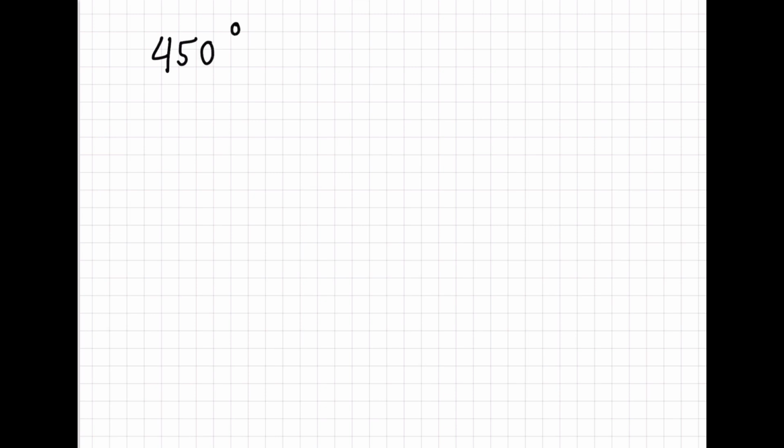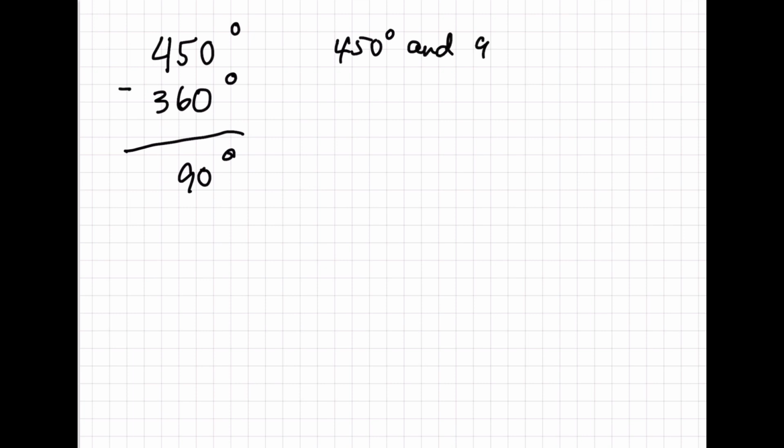First, you have to identify how many 360 degrees are within 450. Obviously in this case, it has one 360 degrees. So we will subtract that, and then we will come up with 90 degrees. This means that 450 degrees and 90 degrees are coterminal angles.